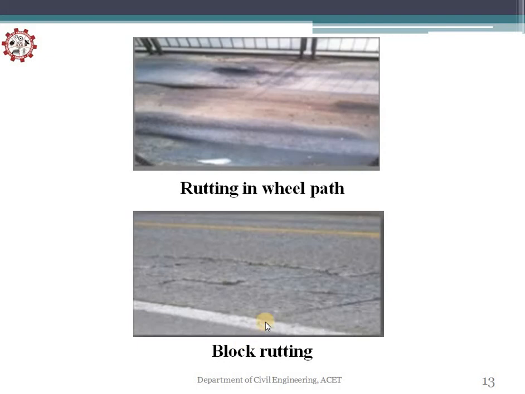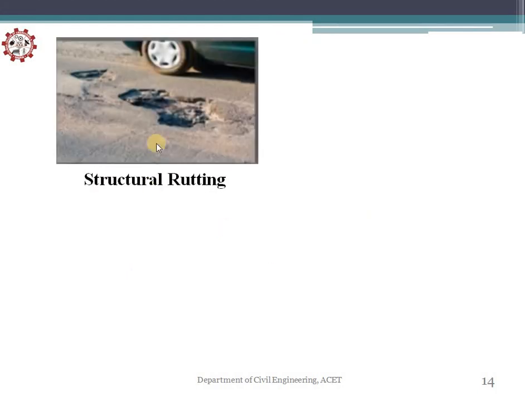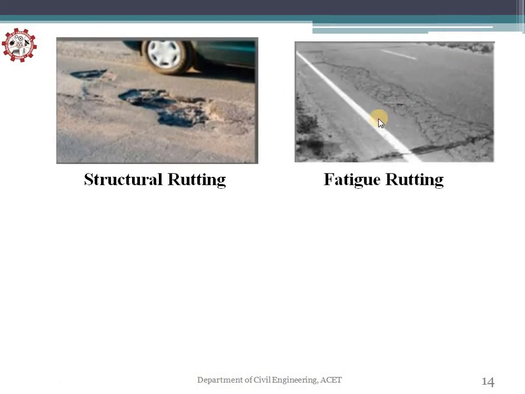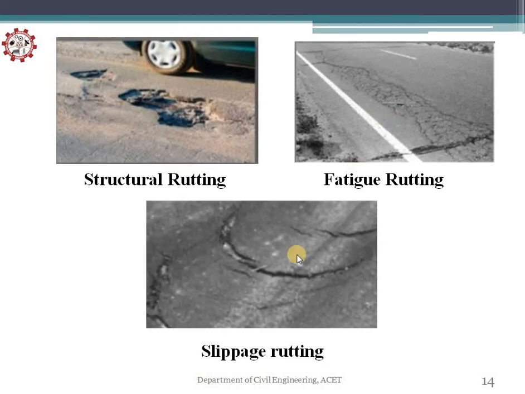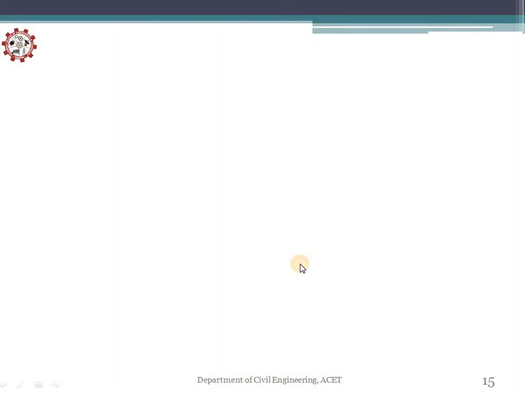This is block rutting: the total block of the main road has unevenness. Structural rutting is if there is any undulation like this. Fatigue rutting is if stresses are developed, then there will be cracks, and that is known as fatigue rutting. This is slippage rutting: the road becomes very slippery and smooth, so that is known as slippage rutting.